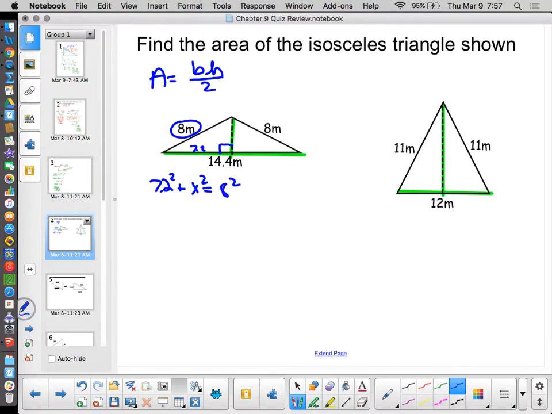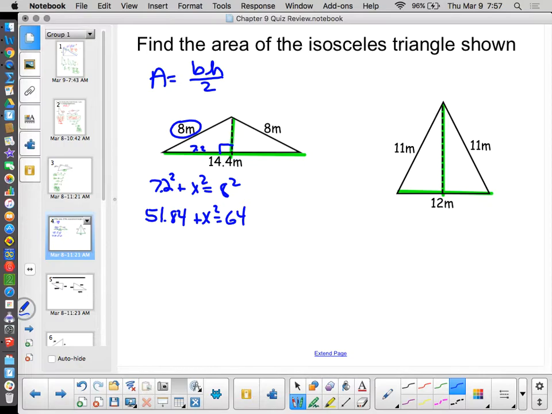Now, 7.2 squared, I better get a calculator out for that, because I don't know that off the top of my head. 7.2 squared is 51.84. Don't just round that to 52. Use all the decimals that are there. Plus x squared equals 64.